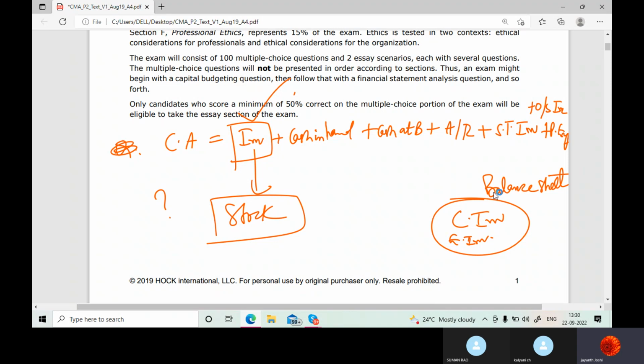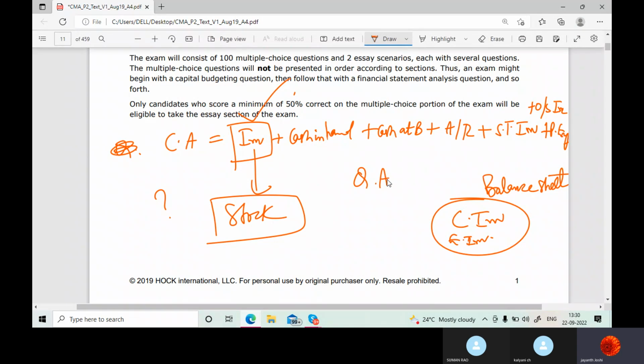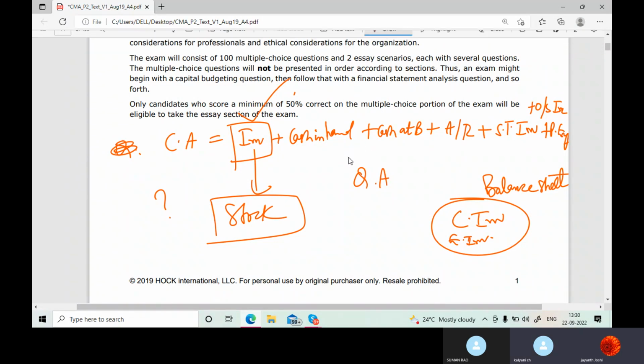So the status for inventory is not clear. Since we are speaking about quick assets, we have to remove the tangible current assets from that list. That means we should refine these current assets and remove all those assets which are of the highest tangible nature, even though they are in current assets.